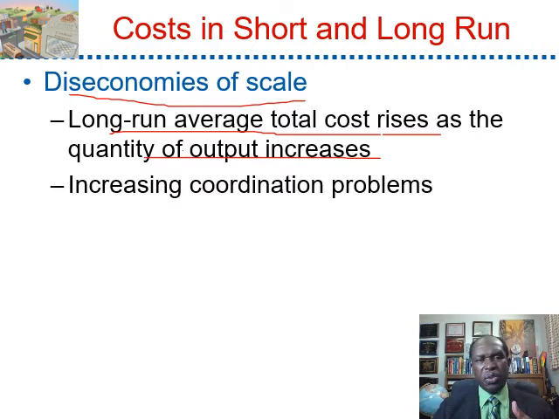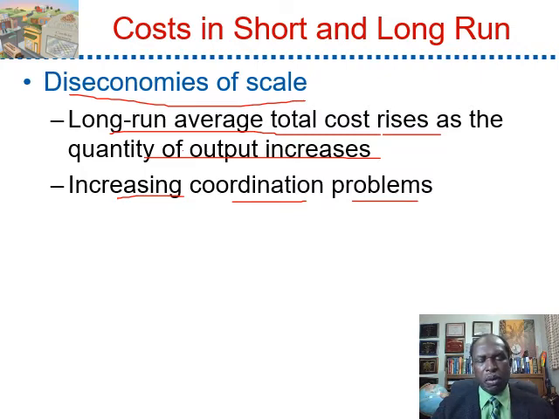For instance, increasing coordination problems, so monitoring workers is very difficult if they take a 15-minute break. Instead of taking a 15-minute break, they take an hour or more for the break. They go for a bathroom break, and instead of 5 minutes, they will take 10 or 15 minutes.